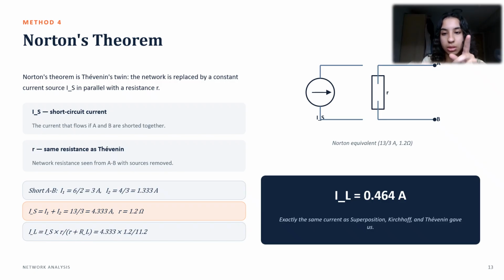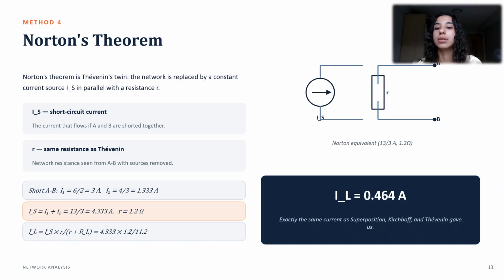Just reminding you, 6 is the voltage of battery A and 2 is the internal resistance. You get 3 amps, and battery B you get 1.3333 amps. And then we add both of these currents and end up with 4.33333 amps. We call that IS, the short circuit current.